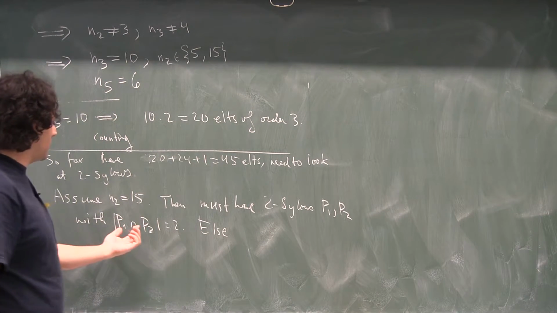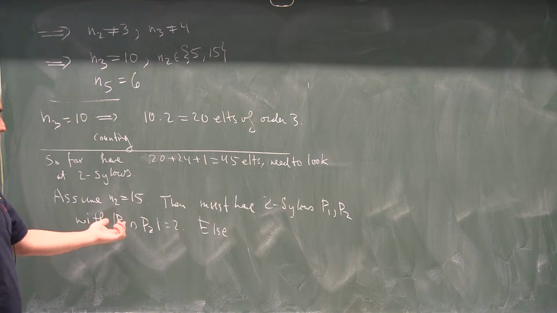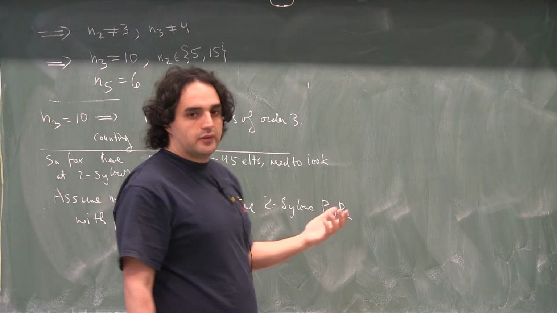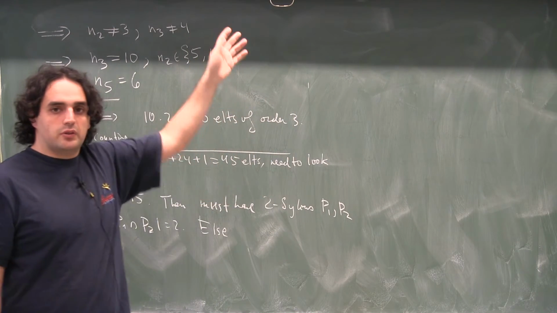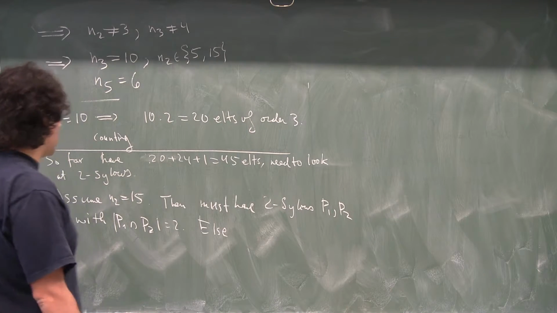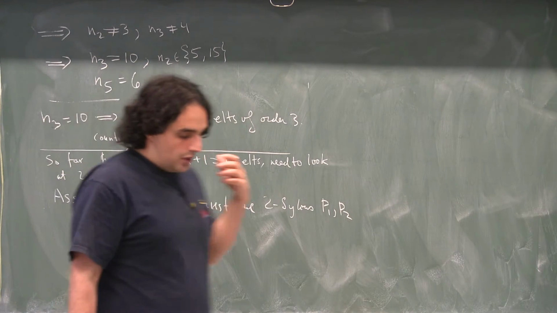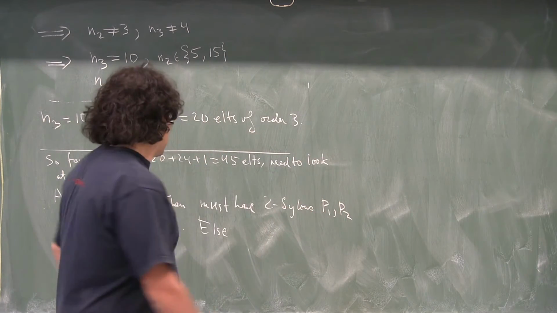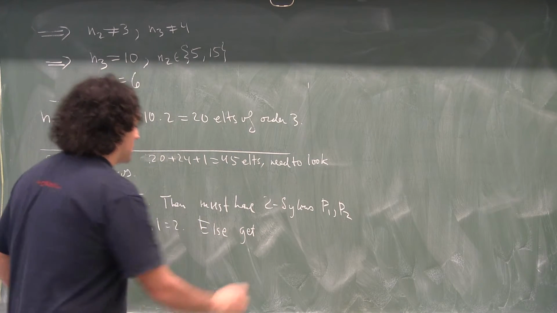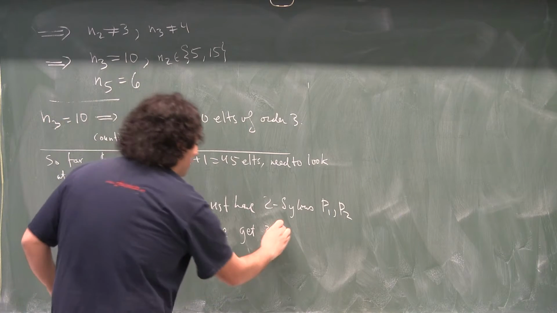Otherwise, it means that every pair of distinct 2 Sylows, P1, P2, intersects in the identity. Then we can just count them as we did with the 3 and 5 Sylows. And this will suddenly give us tons and tons of elements, because it gives us 3 elements times 15.